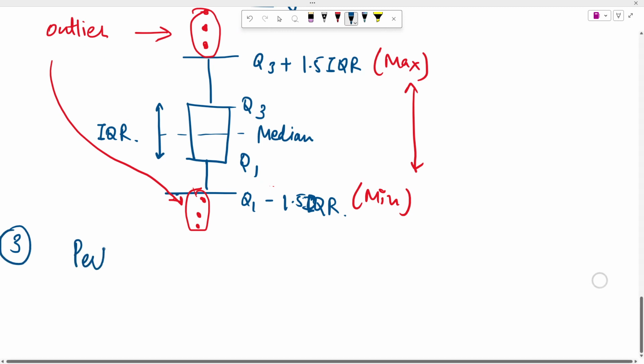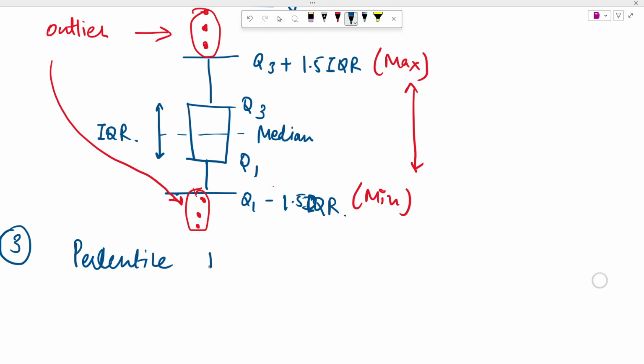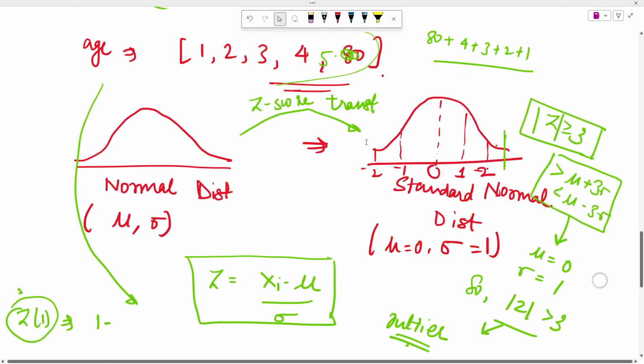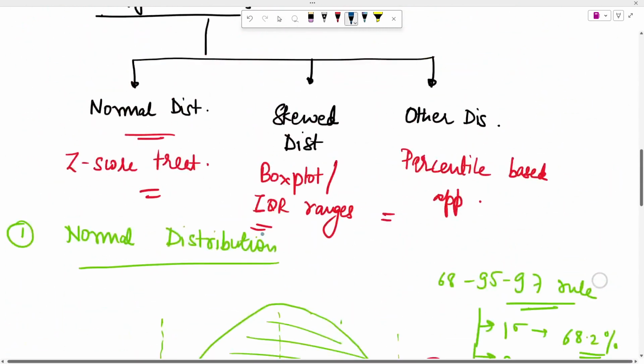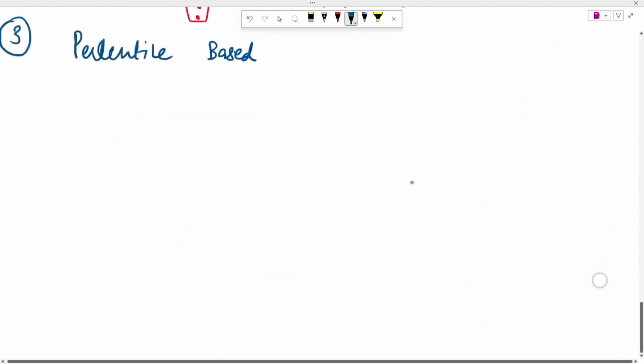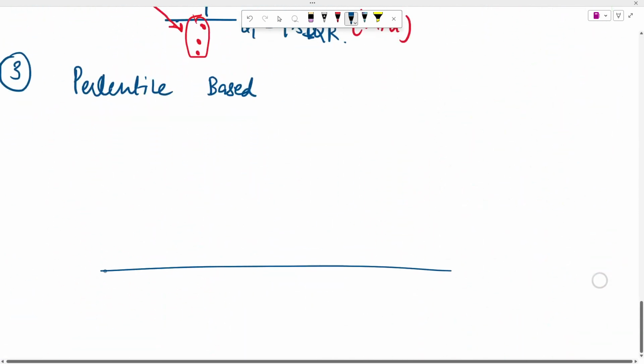is a percentile based approach. So guys, the first approach we generally use for normal distribution, where we use z-score. For skewed distribution we use the box plots, and for other distributions we use a percentile based approach. What is the percentile based approach? We just see the distribution, whatever it looks like.